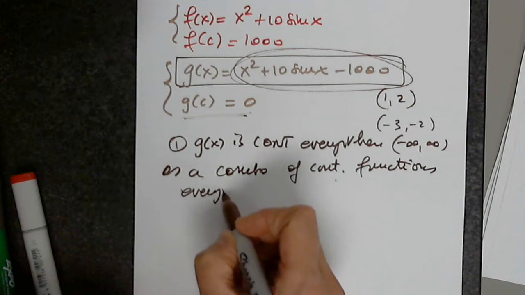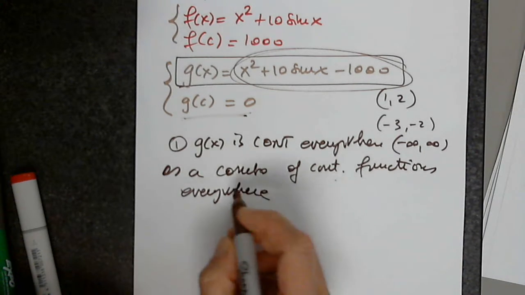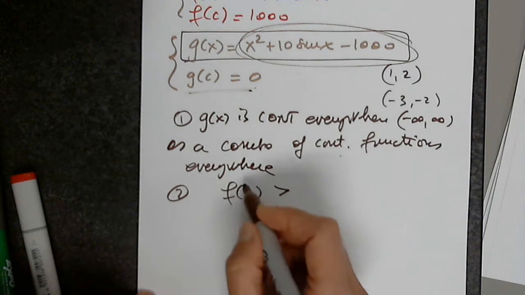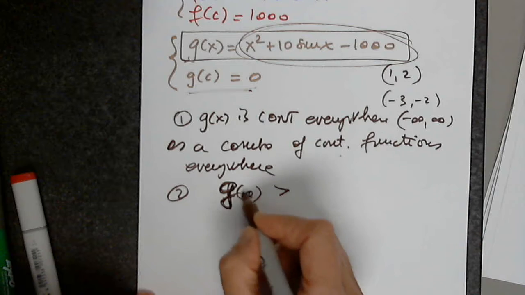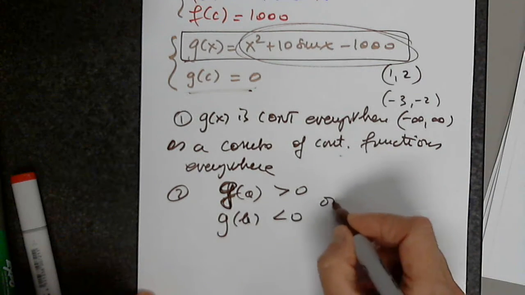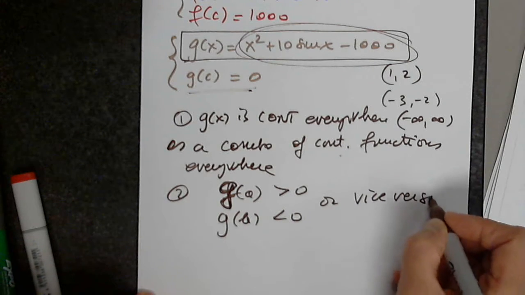So now I only have to show that g of a is positive and g of b is negative, or vice versa. I'm sorry, I named it g.